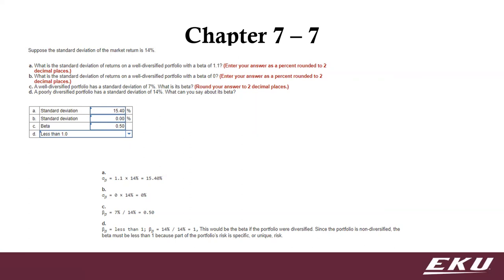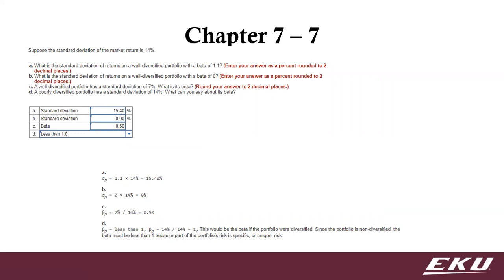Well, it'll be 0, because you would expect that to be like the risk-free rate. We don't expect a standard deviation around that. If the standard deviation is 7, what would be the beta? It'd be 7 divided by 14.